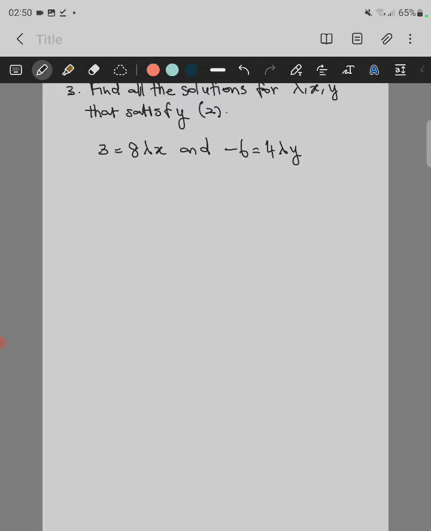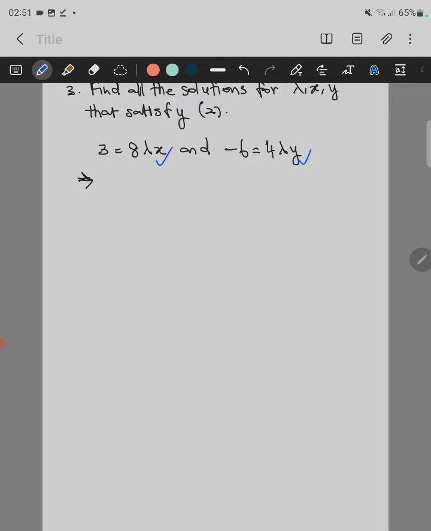So now we have a set of two equations. In the first equation we have only lambda and x, and in this equation we have lambda and y.